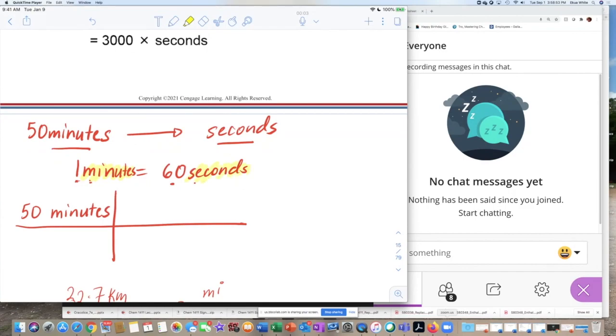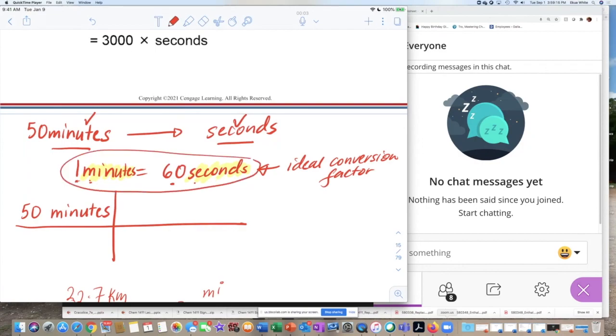So technically, this is the ideal conversion factor. Once again, this is a judgment from me. It's ideal because in one equality, you have both your given unit and your desired unit, with this being my given and this being my desired. So now I get to use my conversion equality as a fraction.